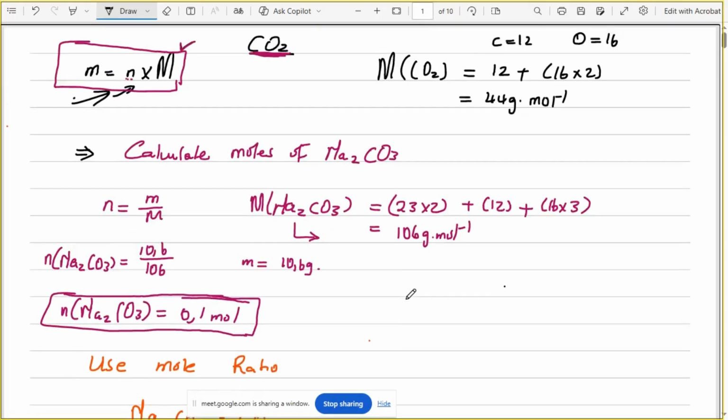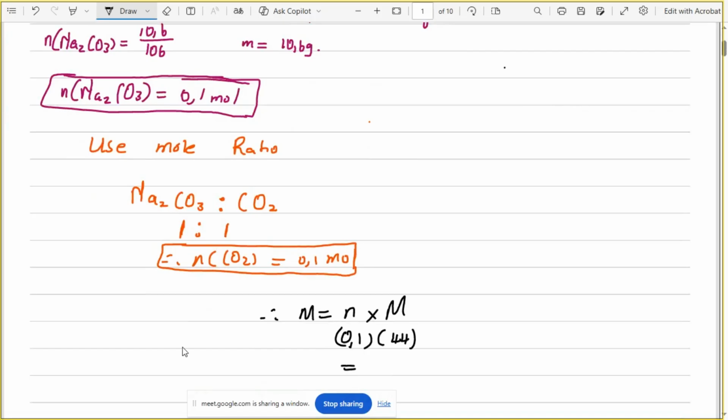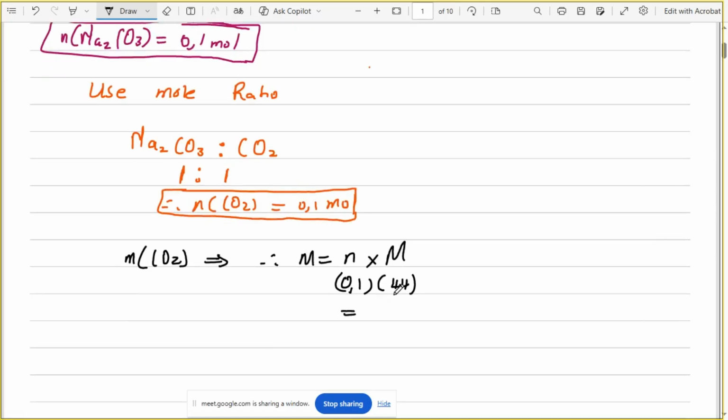We calculated this to be 44. We are looking for the mass of CO2. Then you take 0.1 multiplied by 44. What do you get? 4.4 grams, and that's your answer. Okay, so there's 4.4 grams of CO2.